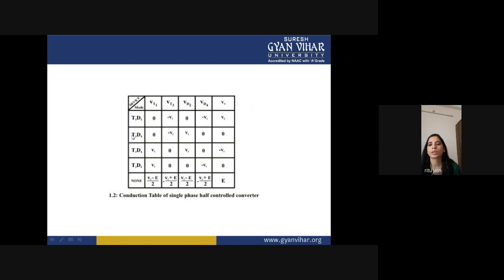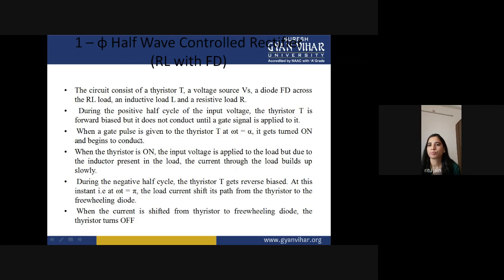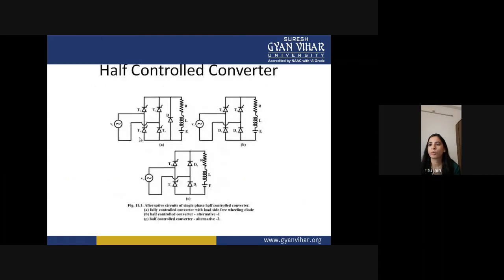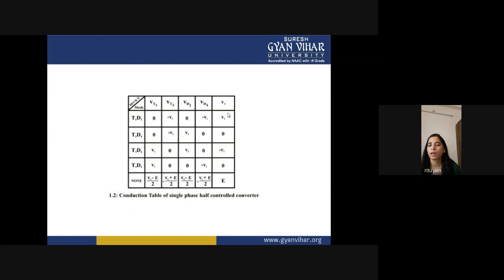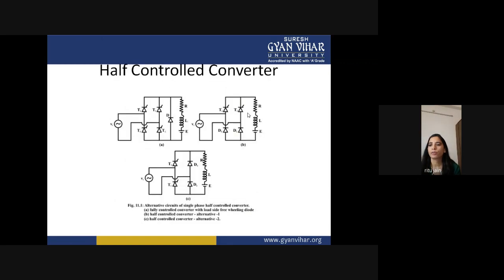Now we come to the next case, T1 and D4. When T1 and D4 are conducting simultaneously, the direction of current will be this.